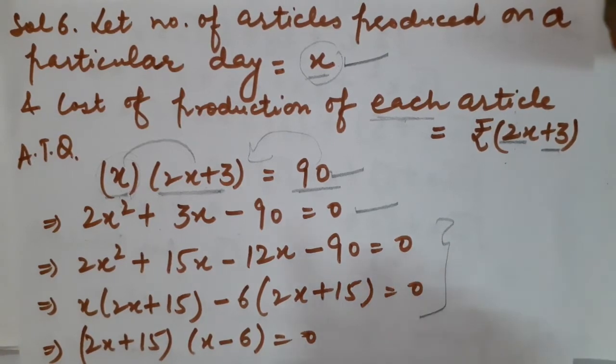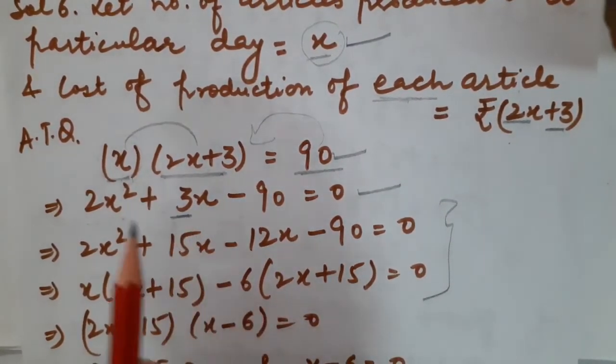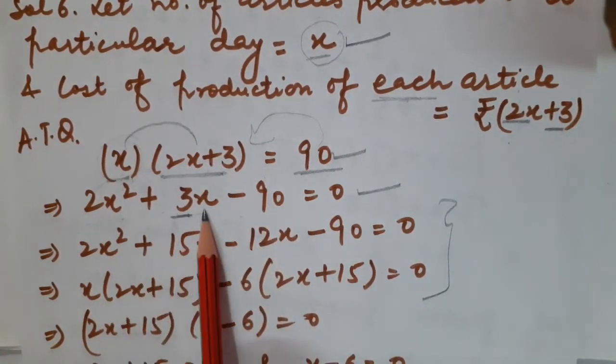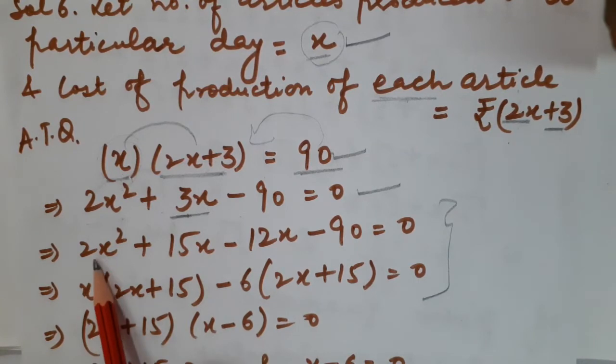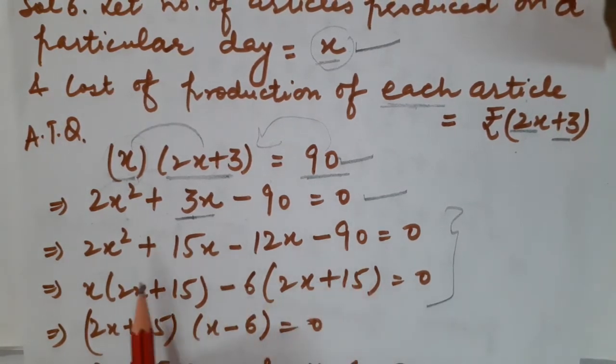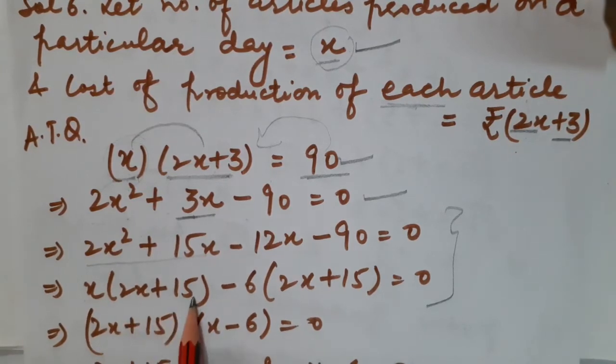Very simple factorization method I am going to adopt. I want sum as plus 3 and product as minus 180. So let us split the middle term. It would become 2x square plus 15x minus 12x minus 90 is equal to 0. Taking x as common, it would be 2x plus 15 inside the bracket.